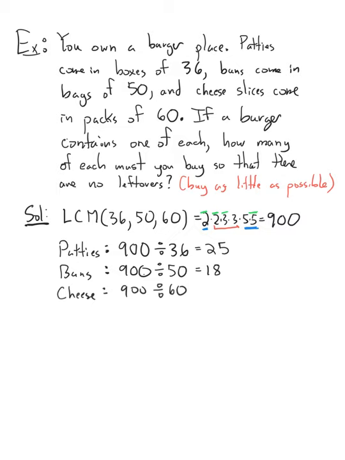Well, we have this 3 times 5, which is 15. So 900 divided by 60 is 15. So we need to buy 25 boxes of patties, 18 bags of buns, and 15 packs of cheese, and then we can make 900 burgers with nothing left over. And that's the fewest number of burgers we can make with nothing left over.